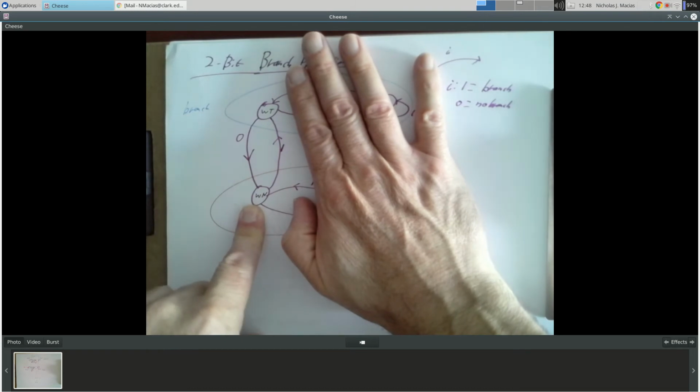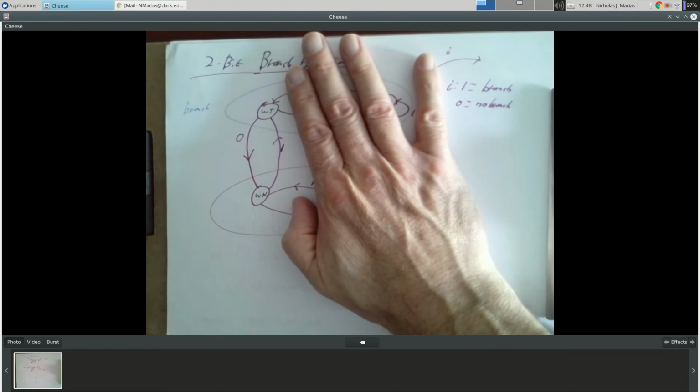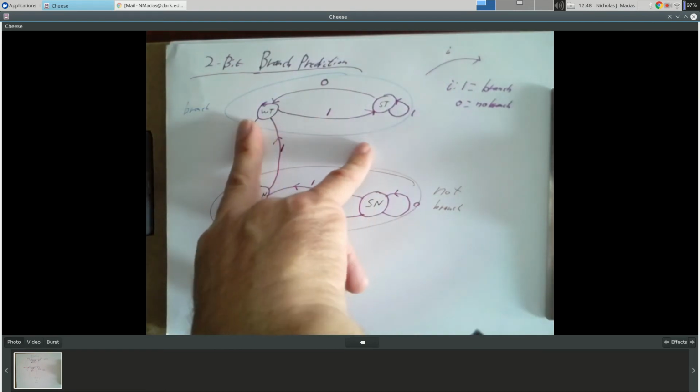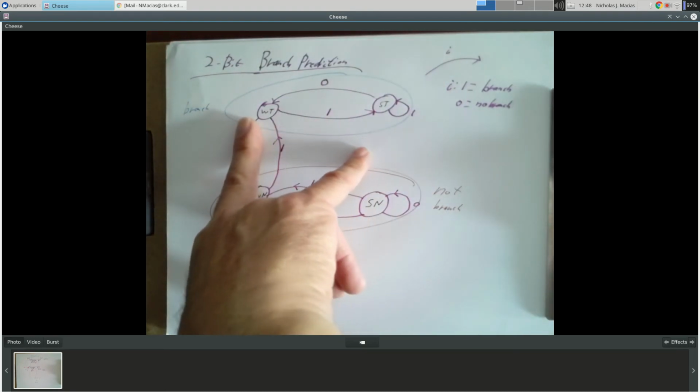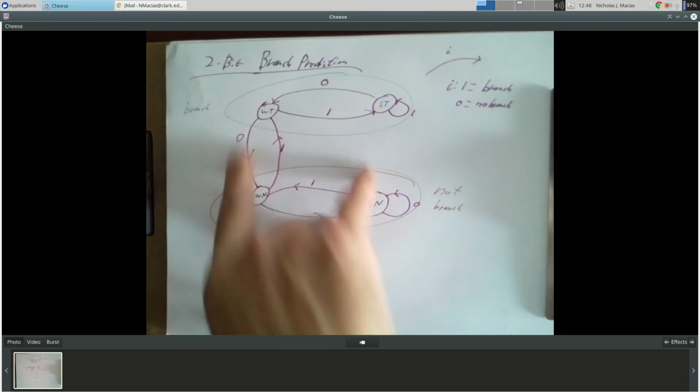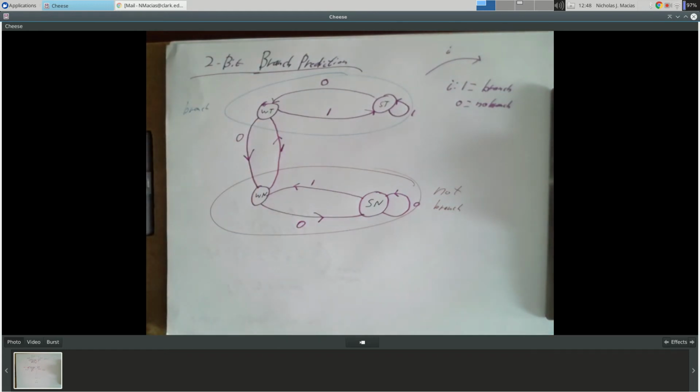Well, the next time you come into that loop and you're ready to loop 1,000 times, your prediction is going to be wrong again because you're saying, I don't think you're going to branch, and the first time through you do branch. So this avoids that. It basically handles nested loops. And nested loops are just very, very common in typical programs. So this is built into most processors that have any kind of pipeline inside. It's a way to do branch prediction. And it does a pretty good job.